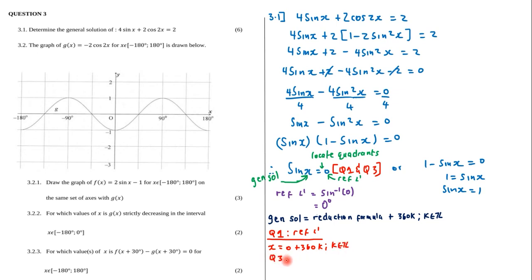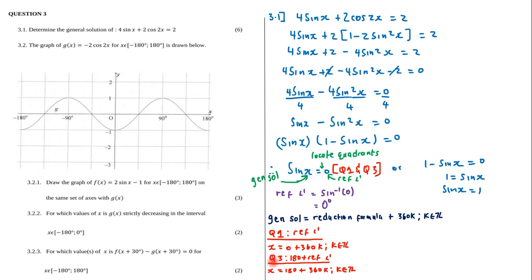For the third quadrant, we know its reduction is 180 plus the reference angle. So the general solution is x equals 180 plus 0, which is just 180, plus 360k, where k is an element of integers. That is how we basically do the general solution.